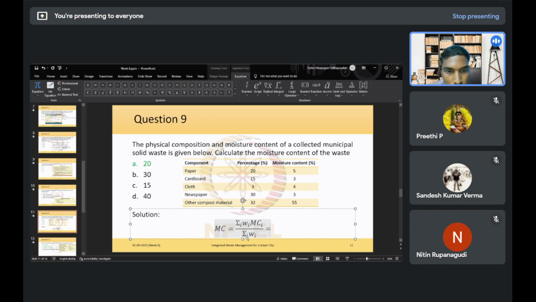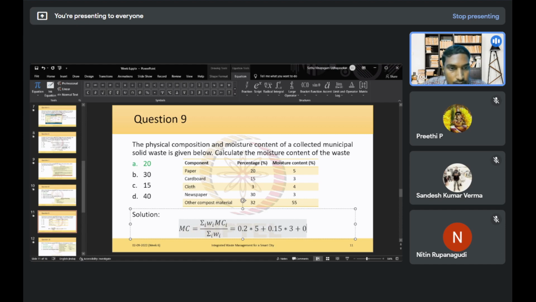But we can ignore the denominator because the sum of all the percentages is equal to 100%, or 1. Therefore, the denominator can be ignored, and just the numerator needs to be evaluated. So what will that be? It will be 20%, which is 0.2 into 5, so 5% is for paper. Then for the second component, it is 15%, so 0.15 into 3.